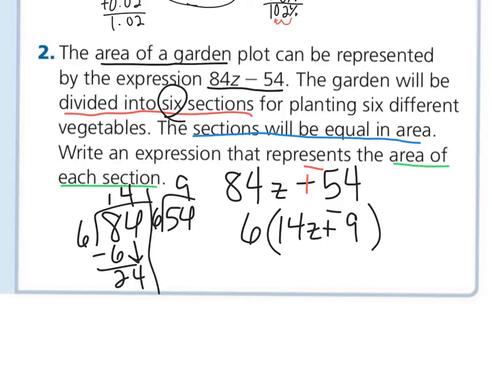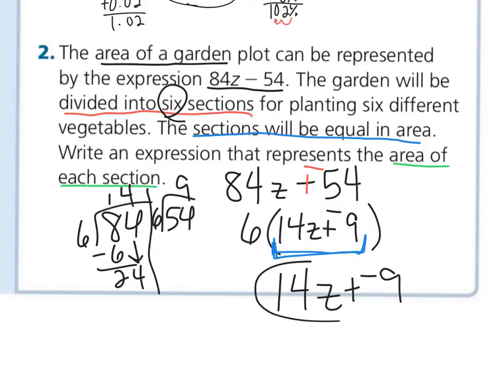So 6 times negative 9 would be negative 54. So 6 times the quantity 14z plus negative 9 means we have 6 of these sections. So the area of one section would be 14z plus negative 9, or 14z minus 9.